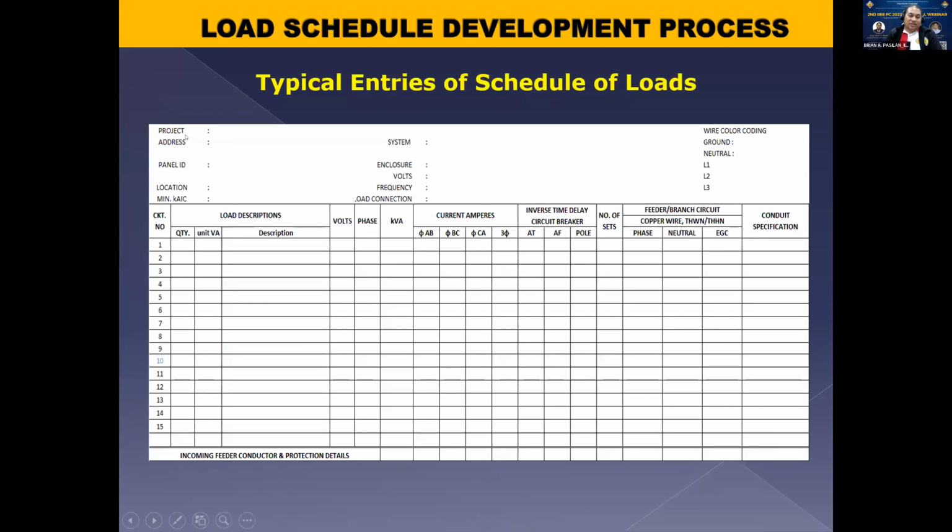Meron pa tayong project name and address. So optional yan. But you can skim through this one, no? Alam naman natin, a lot of you are also familiar with this one. So this is just some of my suggestions, no? Additional data, if you may, no? Na pwede nyo magagamit. So ibigay ko naman ito. So it's for your consumption kung i-adapt nyo ito or you do your own, no? Or you can improve from this, okay?